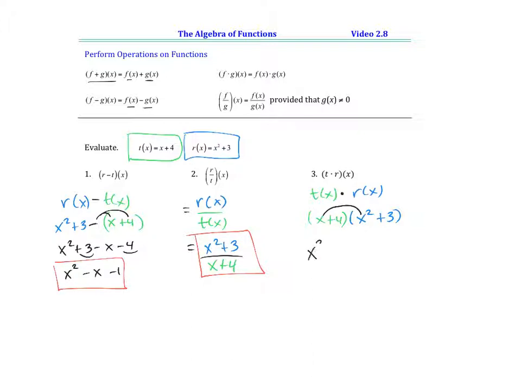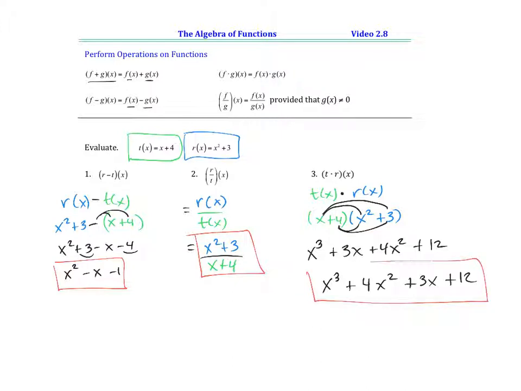We get x cubed, and then distributing our x to the 3, we'd get 3x, and then distributing the 4 to x squared, we'd get 4x squared, and finally plus 12. And we could write that in descending order. All right, and that is done.